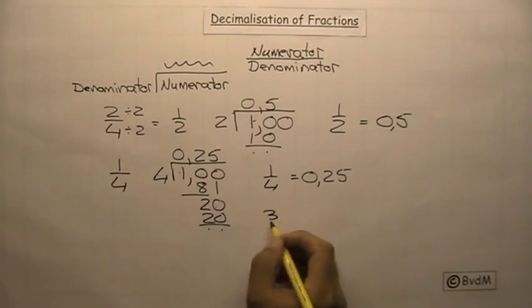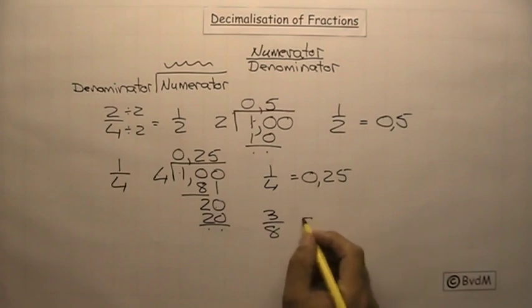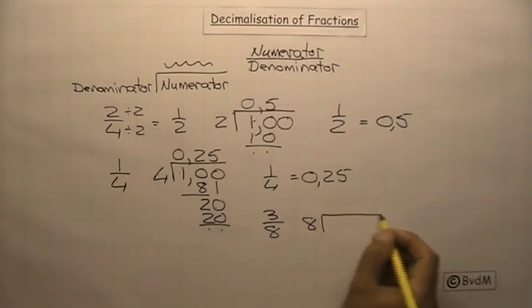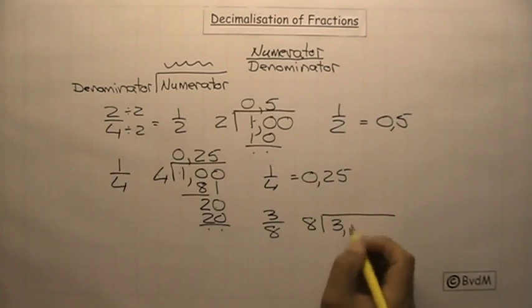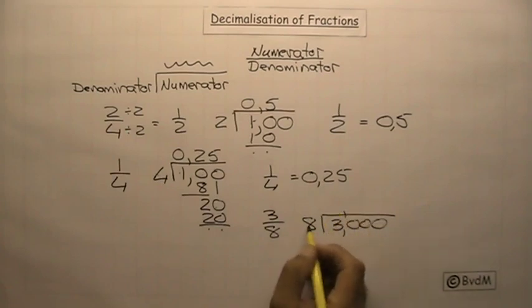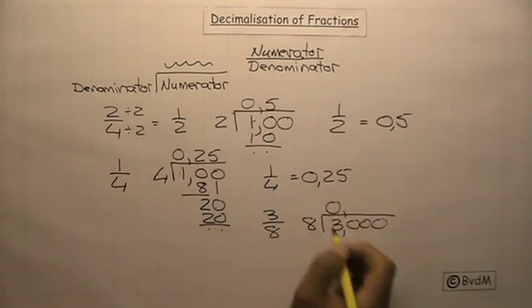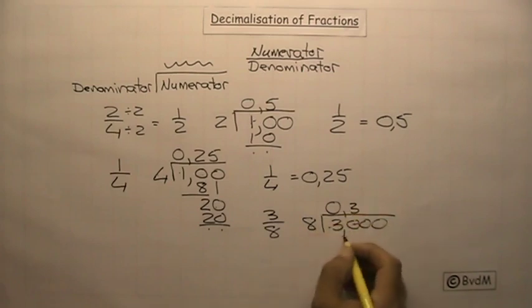Now let's do another one. Let's say 3 over 8. So 3 divided by 8. We say 8 will go into 3, comma, comma. Put noughts. 8 can go into 3, it can't. 8 can go into 30 3 times. 3 times 8 is 24. 30 minus 24 is 6.